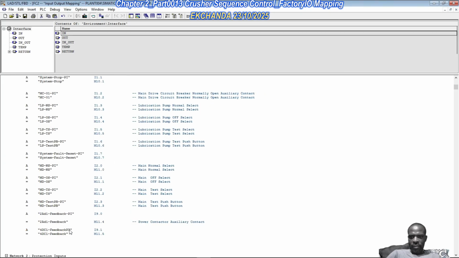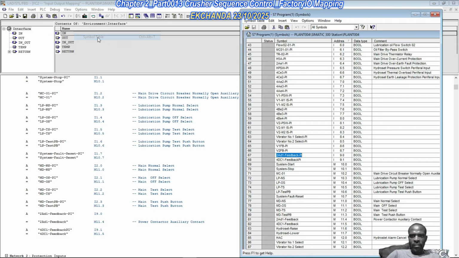There's a peripheral input. Okay, maybe that's where my problem was.